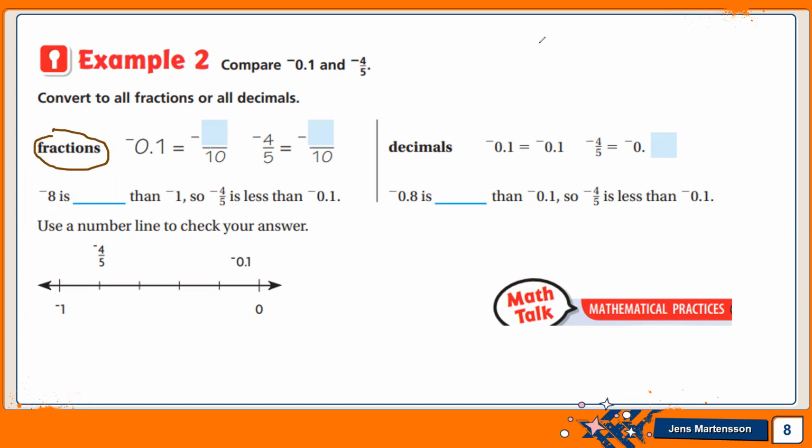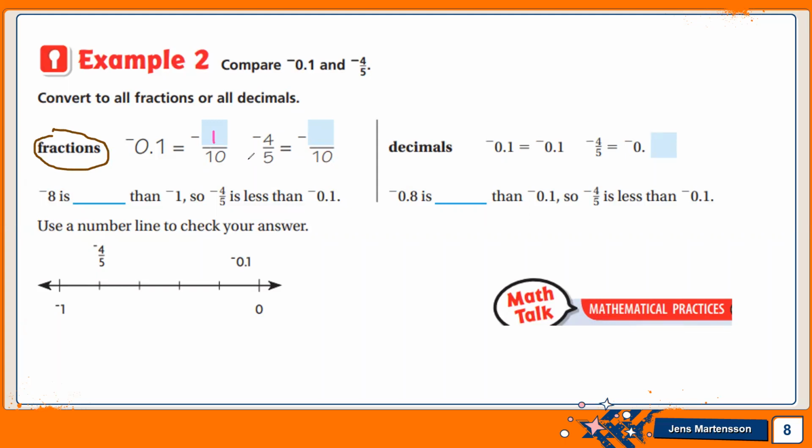The first step here, negative 0.1. Rand, negative 0.1, how can you write it as a fraction? We'll put 1 out of 10. Bravo, it's negative 1 out of 10. Look at the second one. Here you have negative 4 over 5.